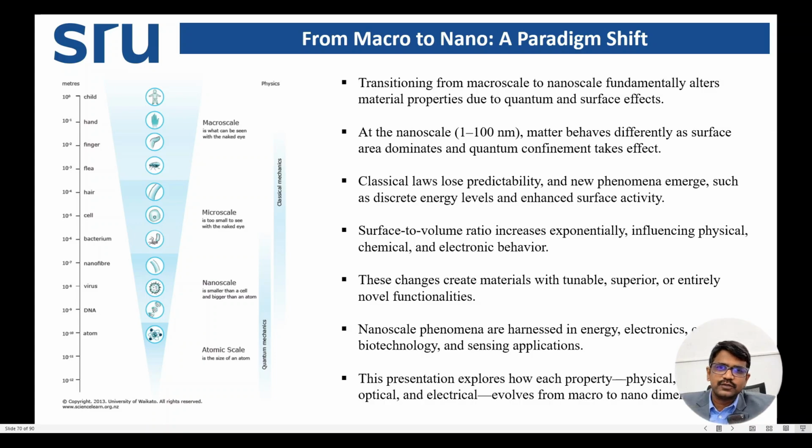What kind of new functionalities are coming at nanoscale? That's what we are going to discuss in this lecture: how each property, physical, chemical, optical, and electrical, evolves from macro to nano dimensions.